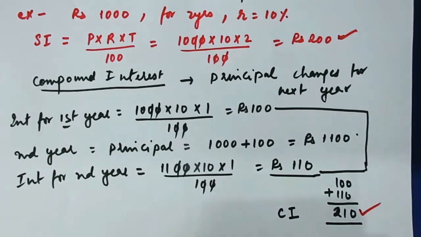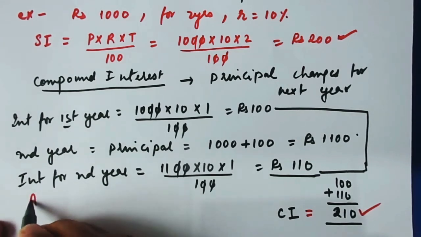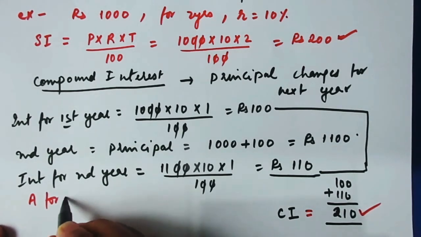Okay. However, you can find out this compound interest by one more method. That is, first you find out the amount for the second year.